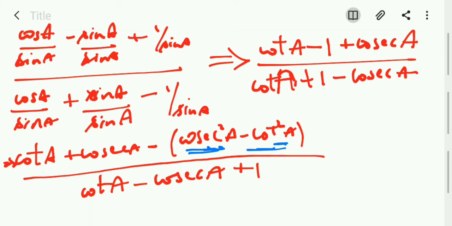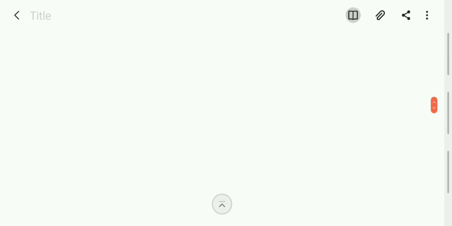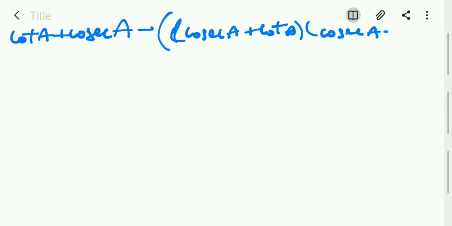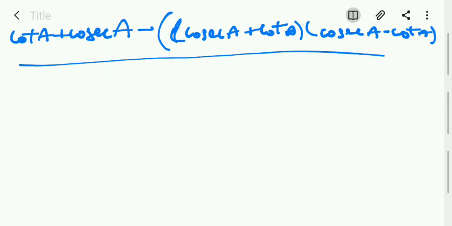Now we shall write it as cot A plus cosecant A minus, cosecant A plus cot A into cosecant A minus cot A, that is a plus b into a minus b, whole divided by cot A minus cosecant A plus 1. Correct?